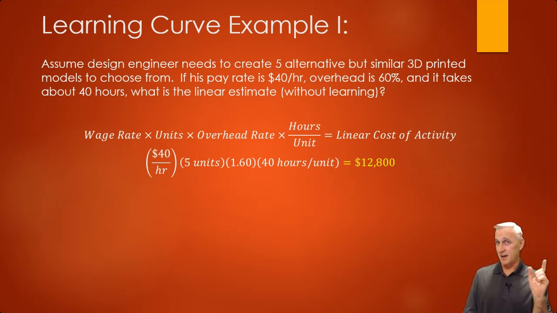Now, is that high or is that low? Well, if the engineer is not learning anything each time they do it, then it might be accurate, but chances are that engineer has been learning as they've been going. If they're learning as they're going, they're going to get faster and faster with the 2nd through 5th units.